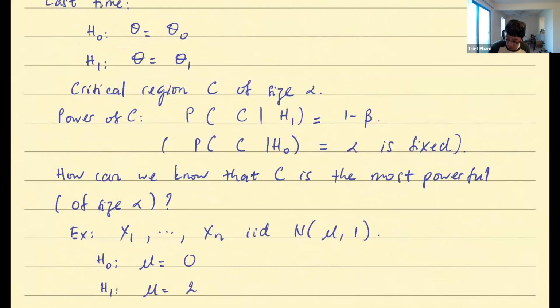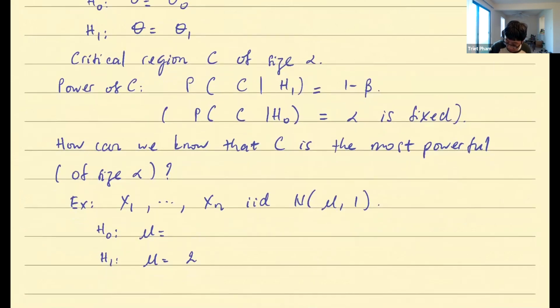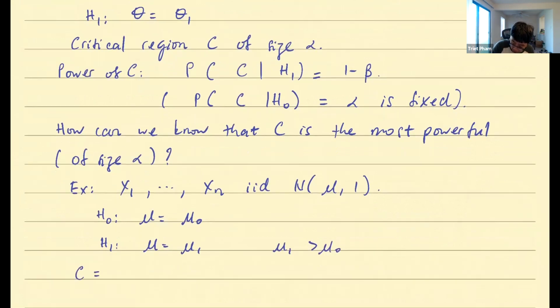Or, let's try to be abstract: mu naught and mu1, where we know that mu1 is bigger than mu naught. The critical region C of the form X bar bigger than or equal to k seems to be the most reasonable one that we can come up with.